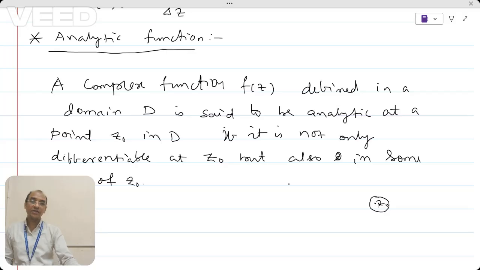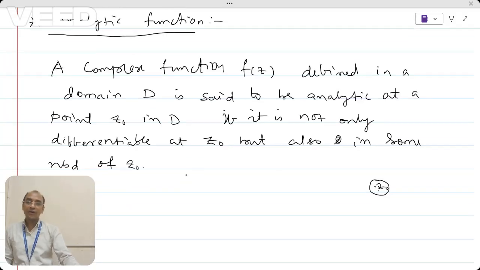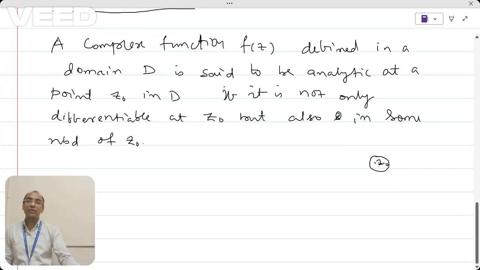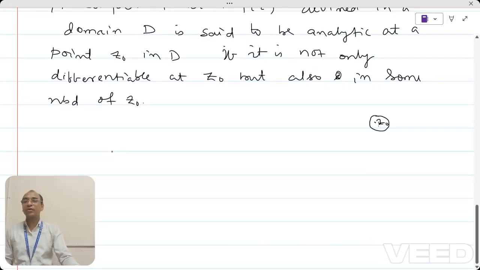Now this is the exact definition. To check whether the function is analytic or not, always using this one may be difficult for you. So I will give you one theorem stated by Cauchy-Riemann that will easily tell you whether the function is analytic or not.